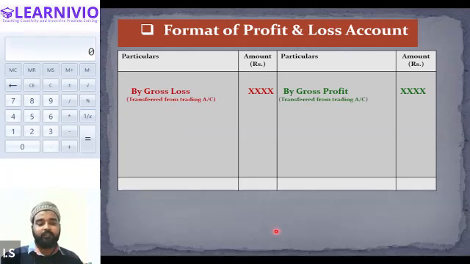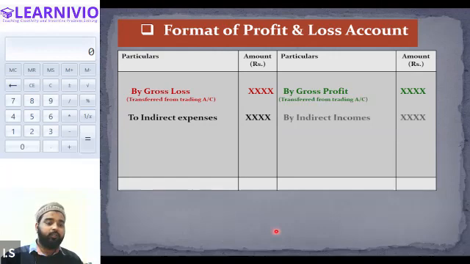After writing the gross profit or gross loss, we will write the indirect expenses on the debit side and all the indirect incomes on the credit side. After recording all the indirect incomes and indirect expenses, we will total the credit side. After totaling this side, we will reduce the values shown on the debit side. After that, there can be two situations.